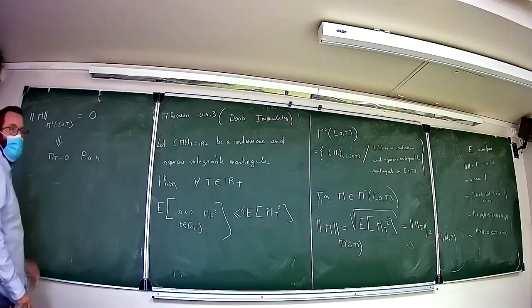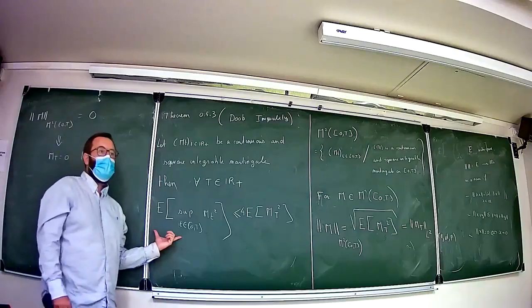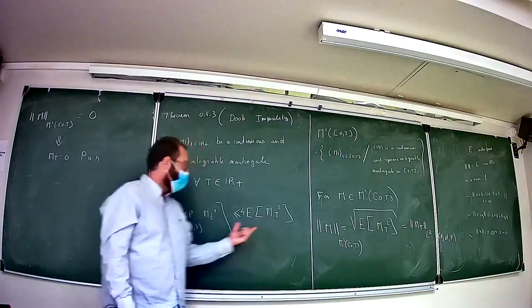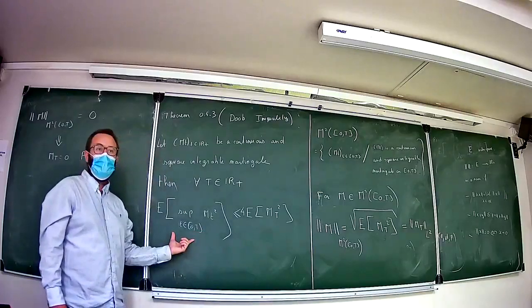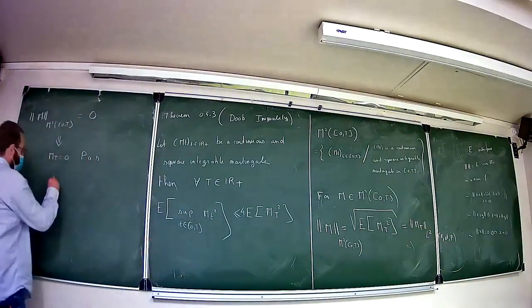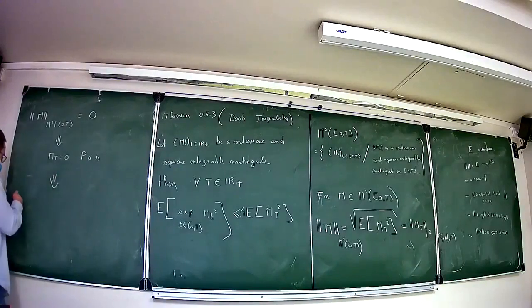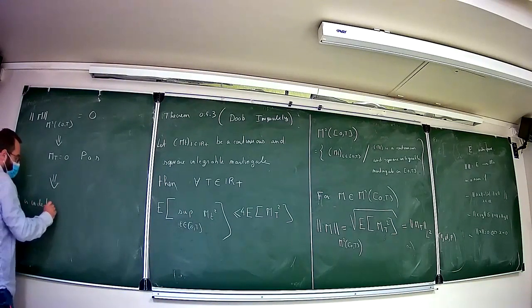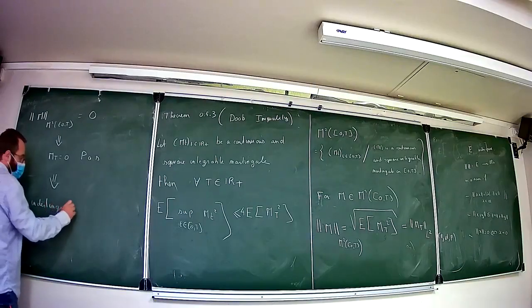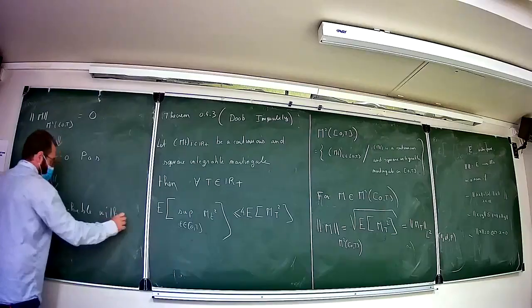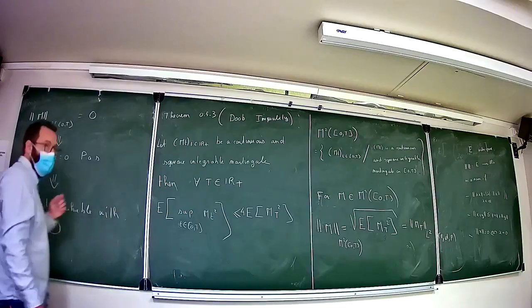And why is it sufficient to conclude from this? Because if M_T is equal to 0, I know that the expectation of the supremum of the square is 0, implying that M is indistinguishable with 0.